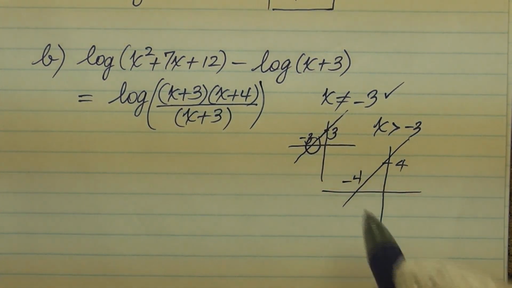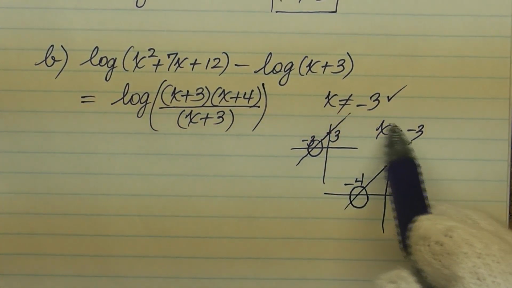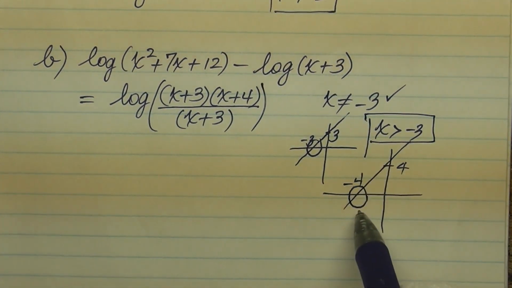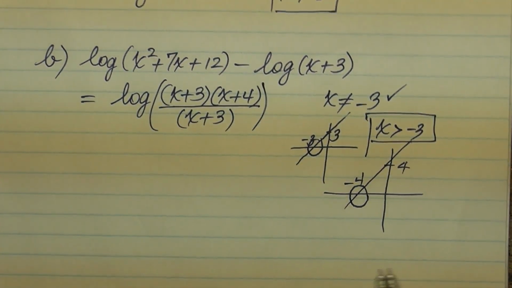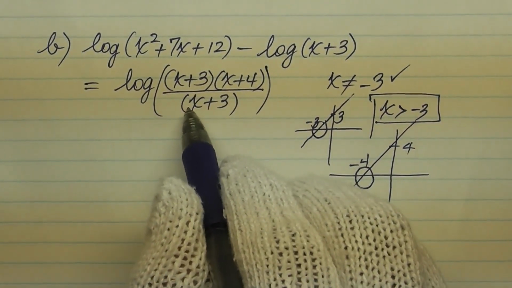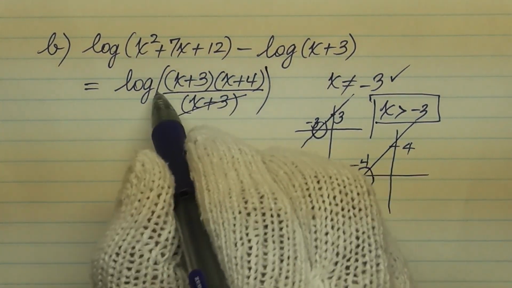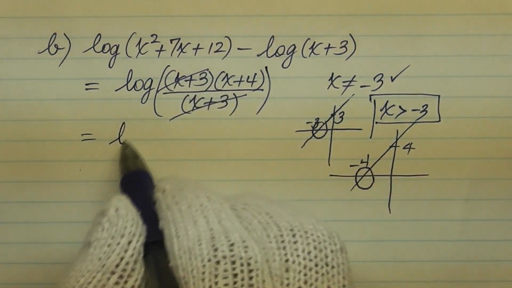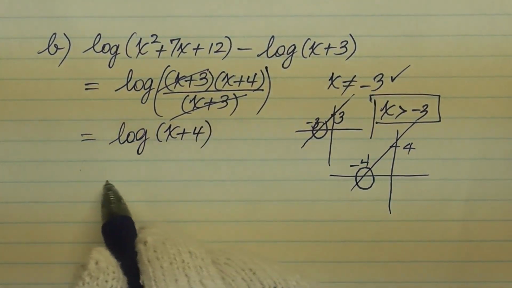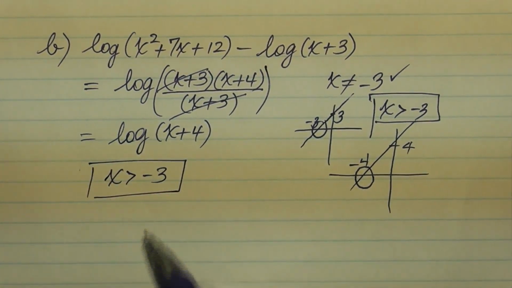X plus 4 is positive whenever x is greater than negative 4. Well, if x is greater than negative 3, it's also greater than negative 4. So, since x is not negative 3 because it's greater than that, these two can cancel, leaving us with log of x plus 4, and our restriction is x must be greater than negative 3.